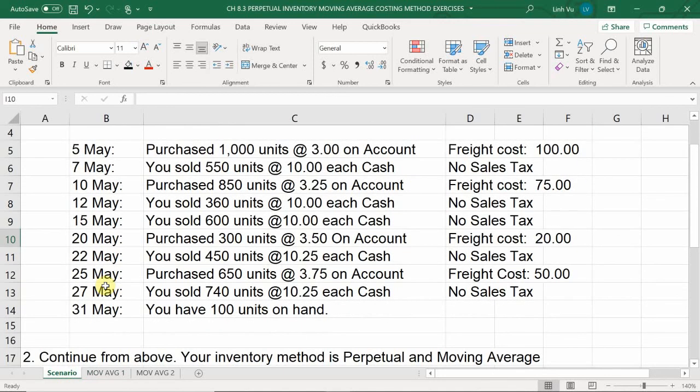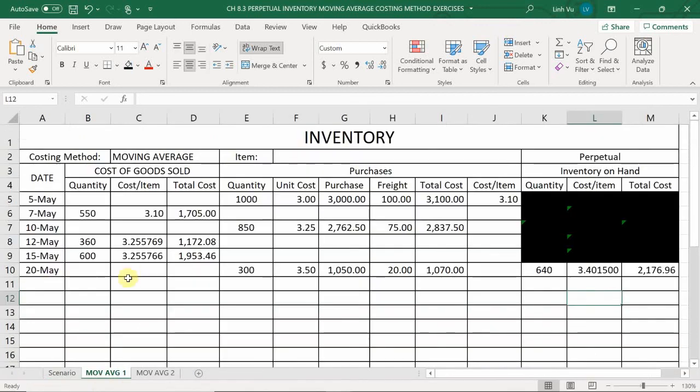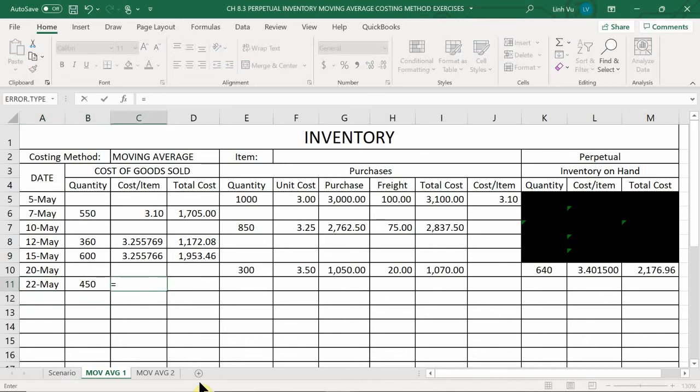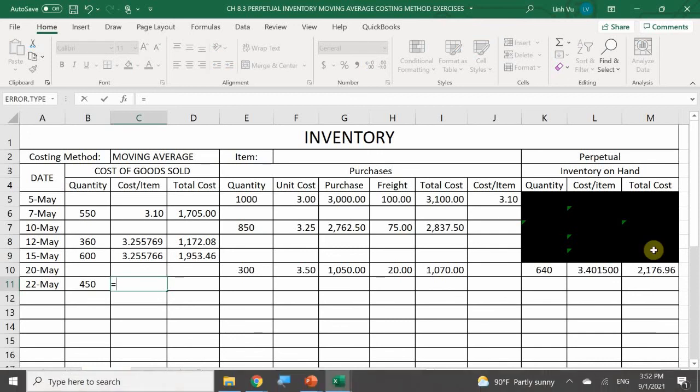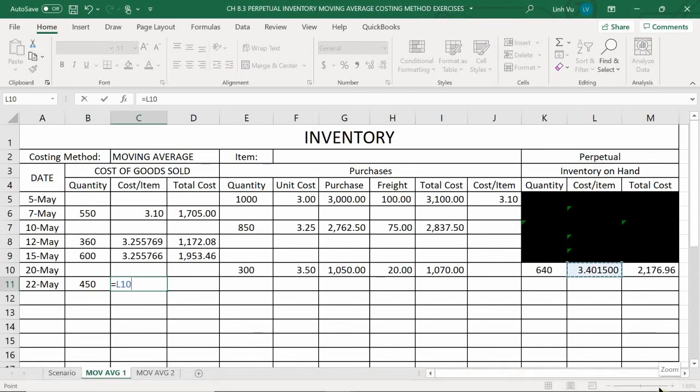Okay. So then on May 22nd, we end up selling 400 units. So 450 units, excuse me. So we sold 450 on May 22nd. May 22nd, 450 units. Okay. At what average cost? 3.4015.